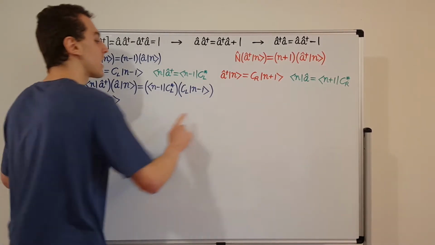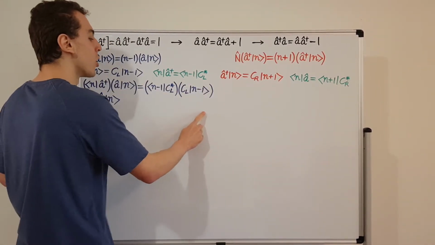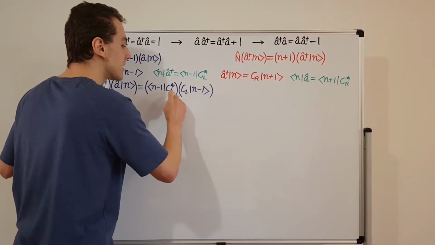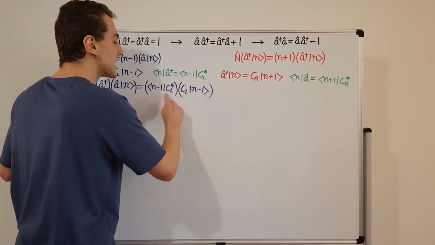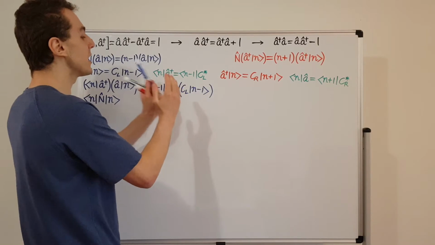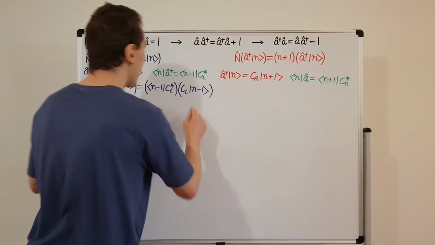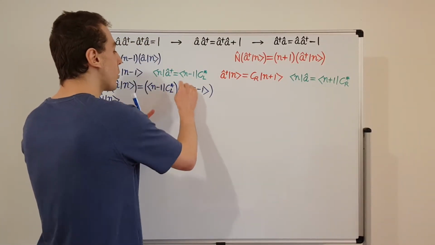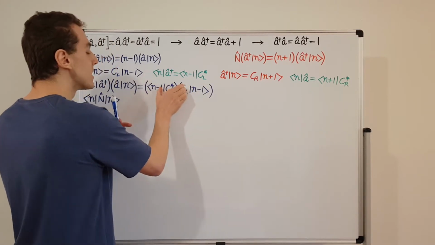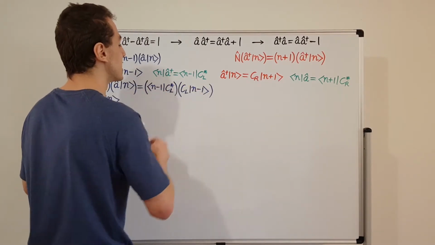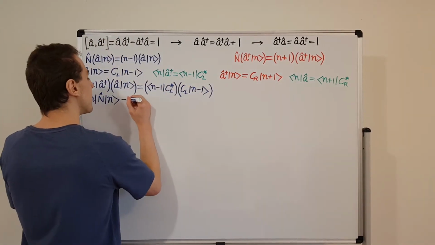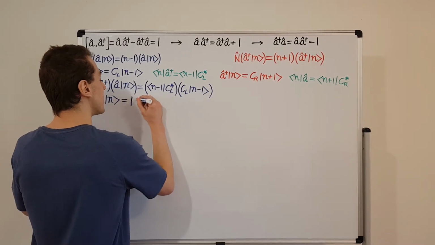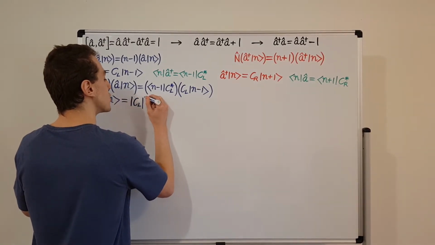Okay, now let's have a look at the right-hand side of this equation. Whenever we have a complex conjugate times the number, that is the same as the absolute value squared. So we have to take the absolute value squared of C sub L, and that's equivalent to this complex conjugate times itself. So that's going to be the same as the absolute value of C sub L squared.